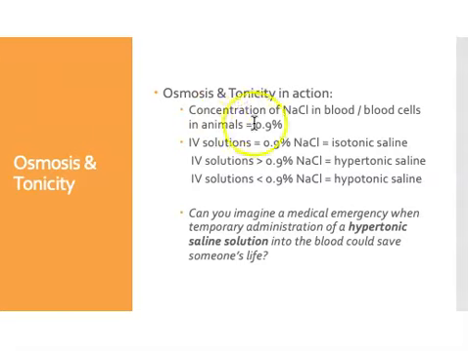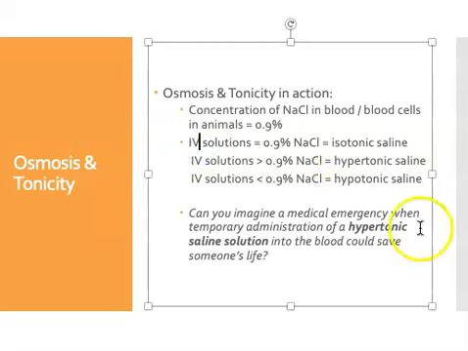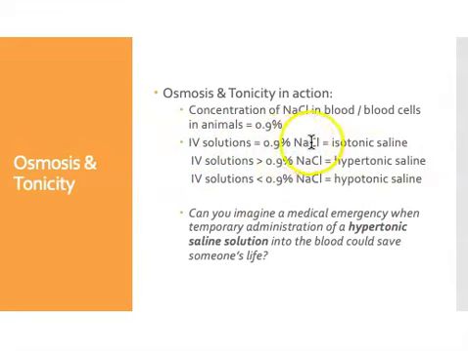That means the water inside of your blood, the water inside of your blood cells, the water in all of your cells, in all of your tissues, has a concentration of 0.9% sodium chloride. Now, if I were to put an intravenous solution into your vein, and that solution contained 0.9% sodium chloride, I can call that an isotonic solution.